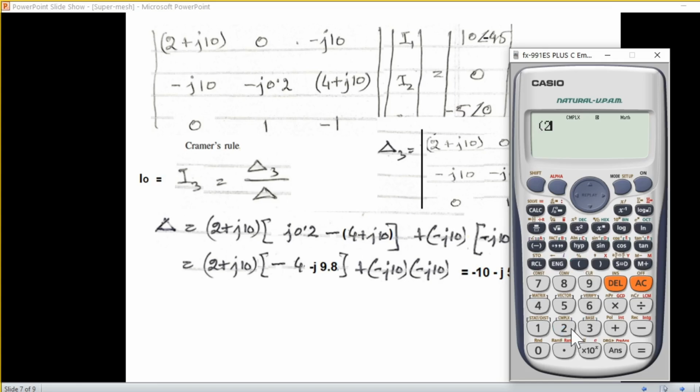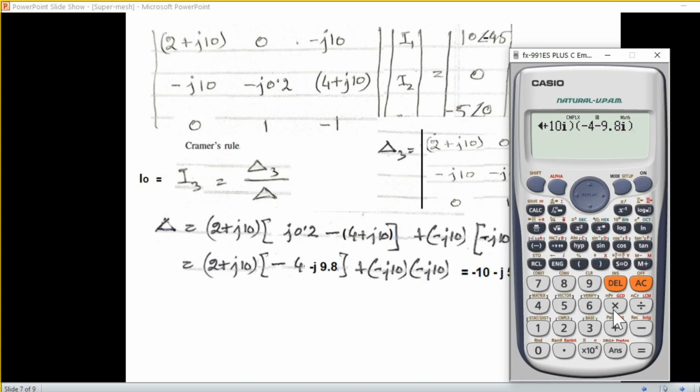Bracket 2 plus J10 will be 10I, where I is the imaginary unit. Bracket close, and the next bracket minus 4 minus 9.8 I. This is closed.